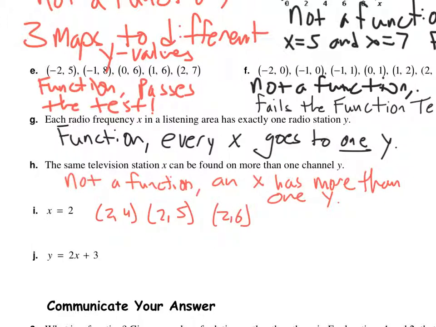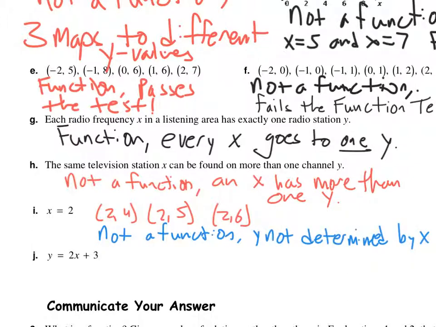Okay? This equation represents all of these points that have an x value of 2. So if we just have an x value of 2 and we don't determine what y is, this is not a function. We have no way of finding out what y is. So y is not determined by x, okay, not a function. Well, how about here? If we put a number in for x, is there only one possible y value?